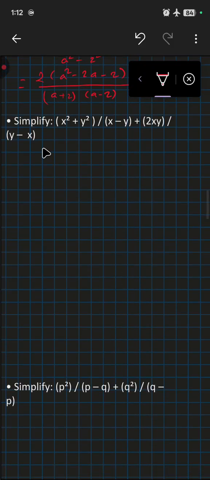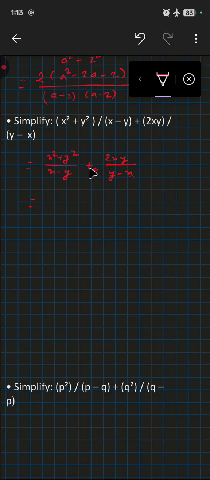So this one, let's see this one, right? x square plus y square upon x minus y plus 2xy upon y minus x. Again we have to see x minus y and y minus x. Only we have to change this term and the denominators will be same. So to change this term, we have to make this plus into minus.